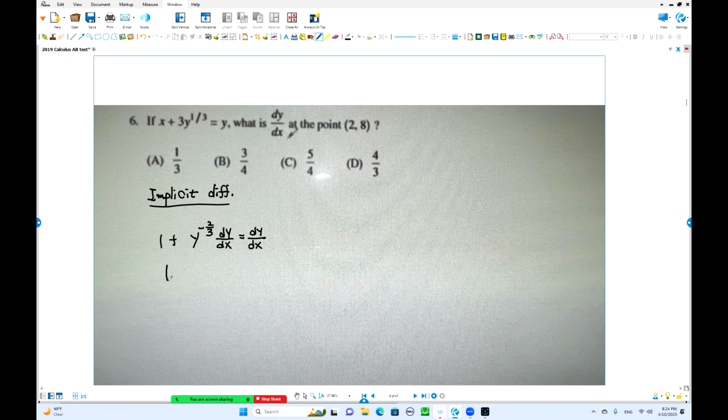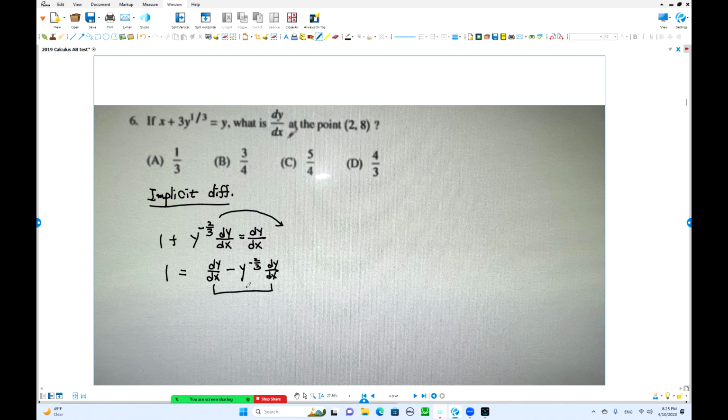So you can combine this one, that is better. dy/dx. This one, move to the other side: minus y to the negative 2/3 times dy/dx. So dy/dx, we need to find this value.